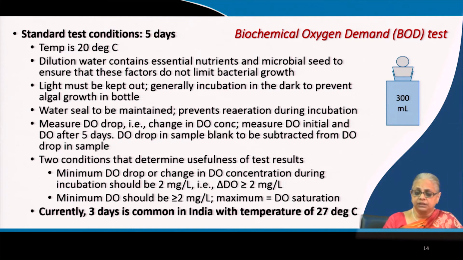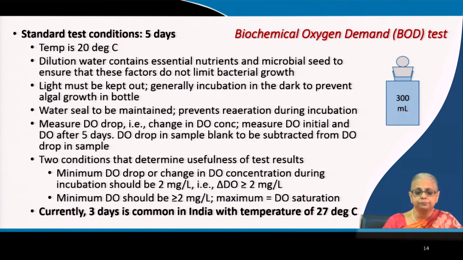Light has to be kept out, and this is to prevent algal growth in the bottles, because if you're taking, let's say, a natural river water sample, it will contain algal cells. Now these algal cells will grow if light is present, and if they grow, they will contribute to the oxygen levels in water. So we don't want to allow that to happen, because that will create interference in the results of the test. So that is why incubation is always done in the dark to keep the algal growth out of the system.